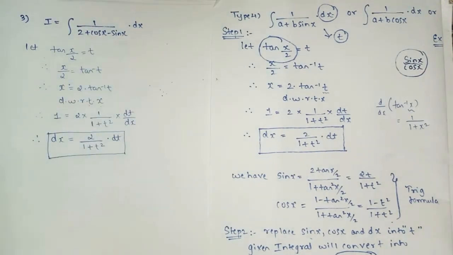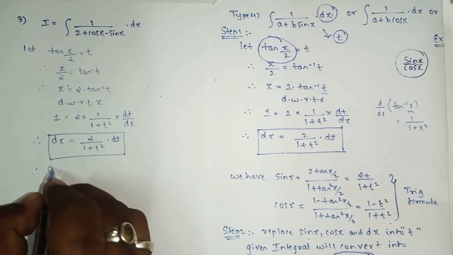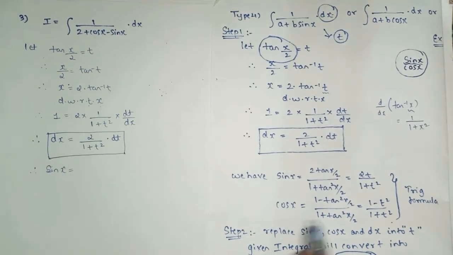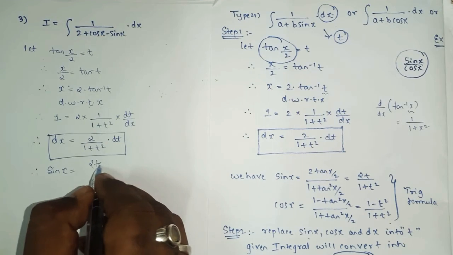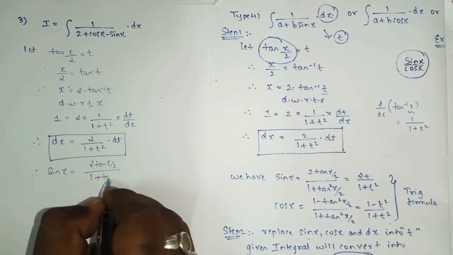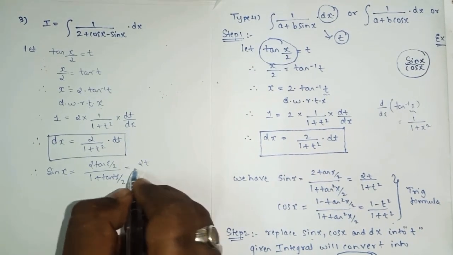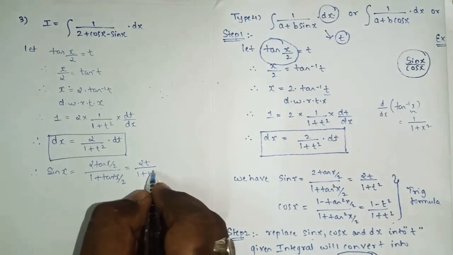As in the integral, it contains both sine and cos, so here we have to write the formula for both sine as well as for cos. So sine x is what? It is 2 tan x by 2 upon 1 plus tan square x by 2, which we can write as 2t upon 1 plus t square.